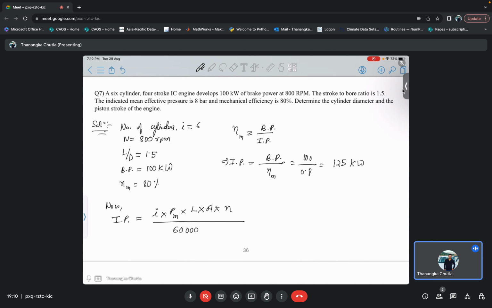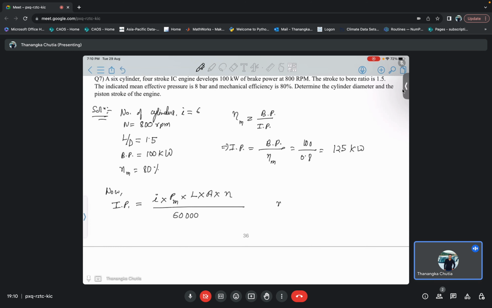Now n is equal to what? 2, since it is 4-stroke. And area will be equal to what? Pi by 4 into d square.